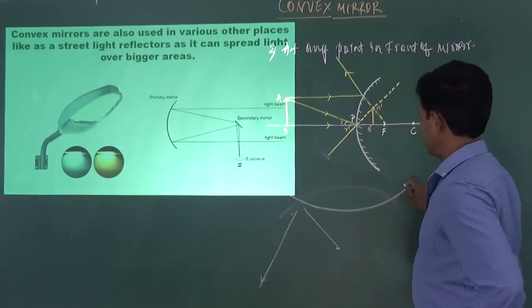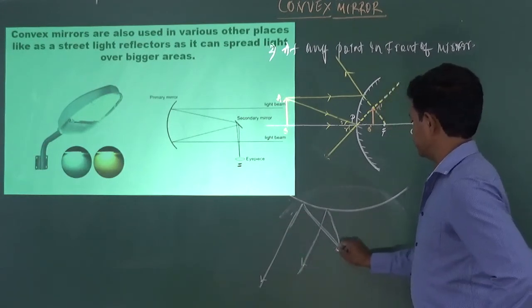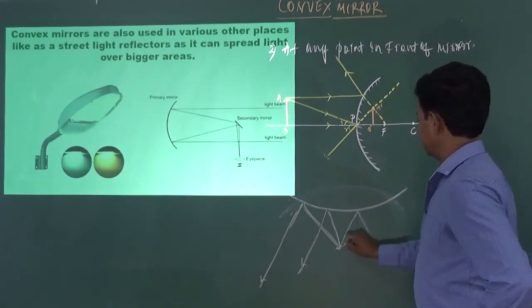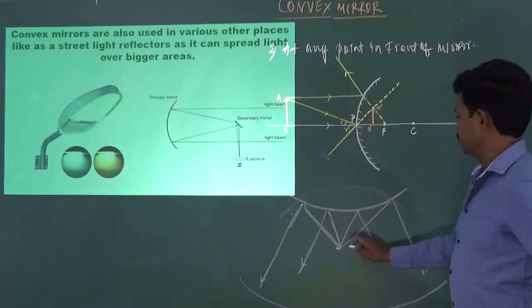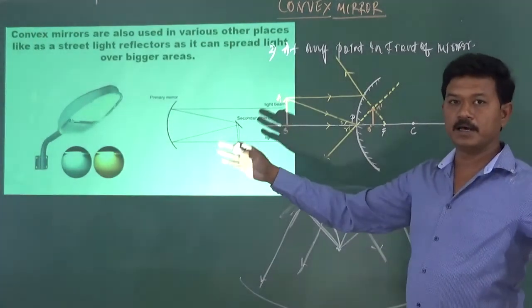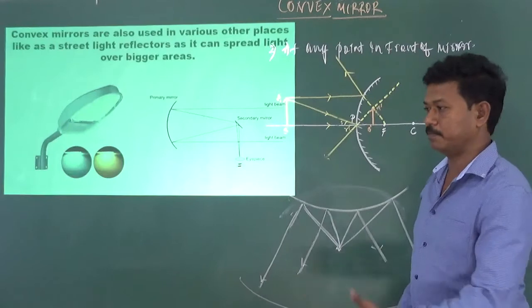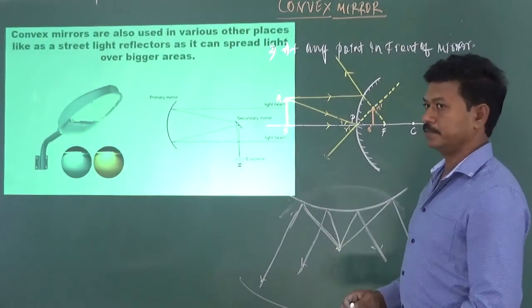Maybe draw it like this. So light rays get reflected at various different angles, and you can get a large area of vision. So a small bulb can be used to light up a very large area of land or place by using convex mirrors. Okay. Next one.